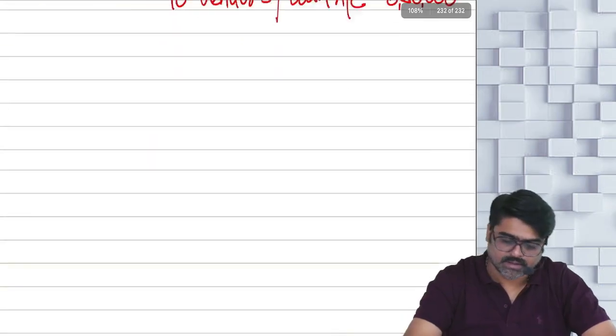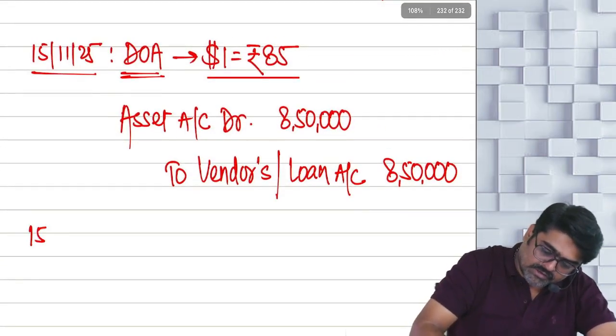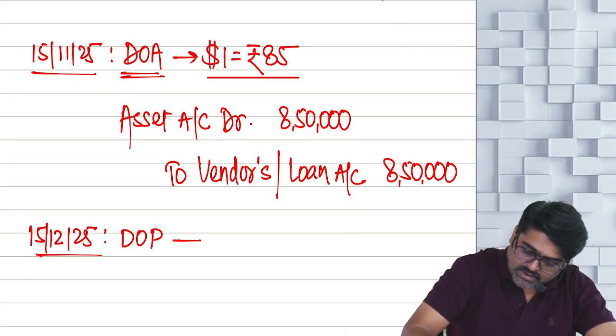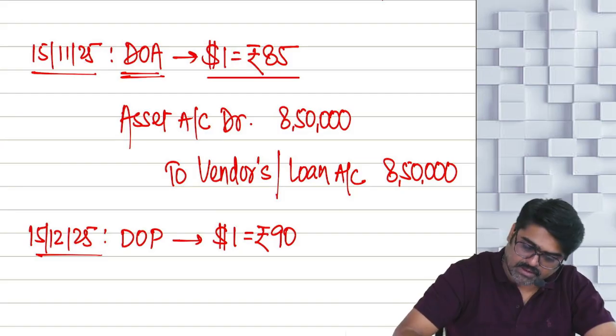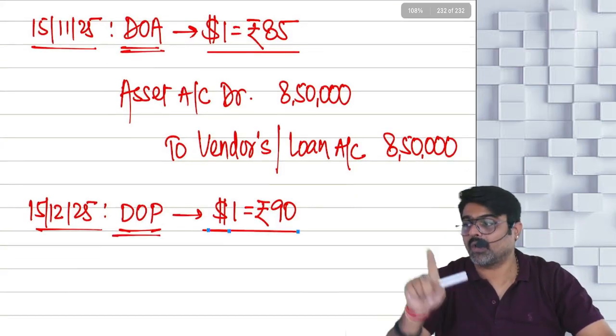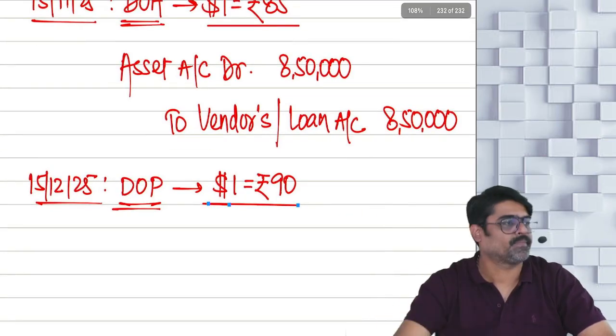So now let's see. On 15th of December 2025, this is the date of payment. On this date of payment, let's say dollar to rupee rate was rupees 90. First example, date of payment, the rate of $1 is equal to 90. Now on this date, you are going to make the payment. How much payment?